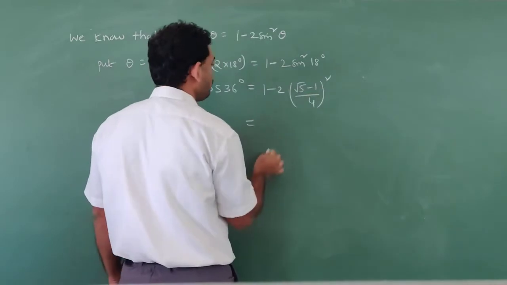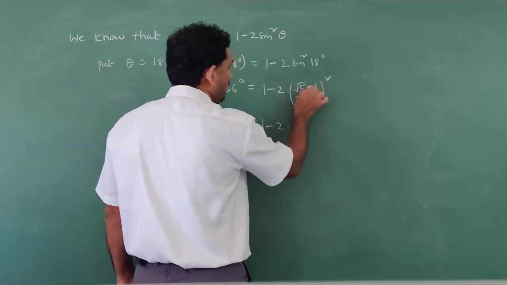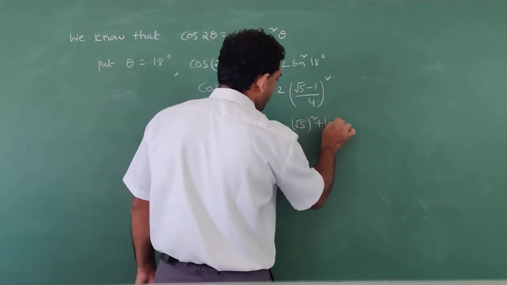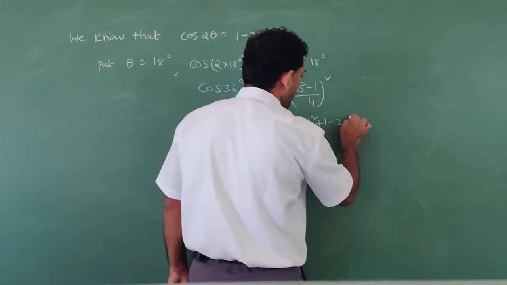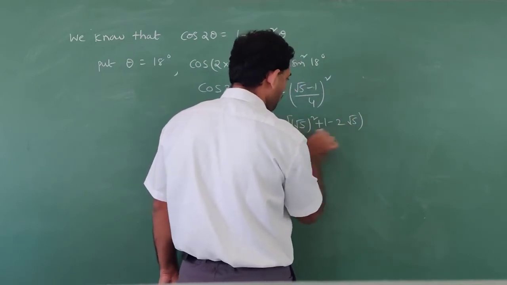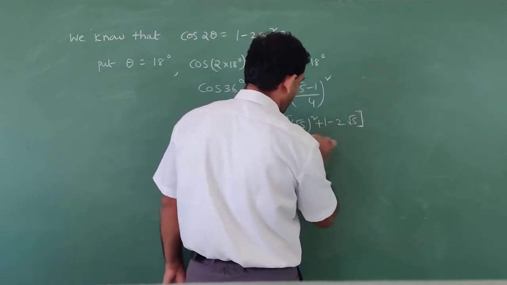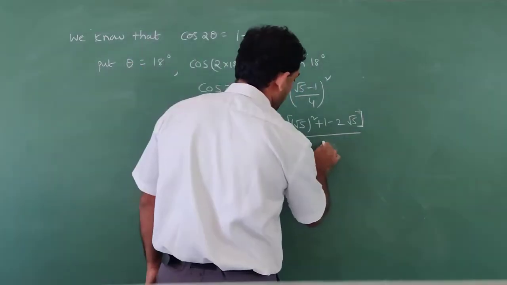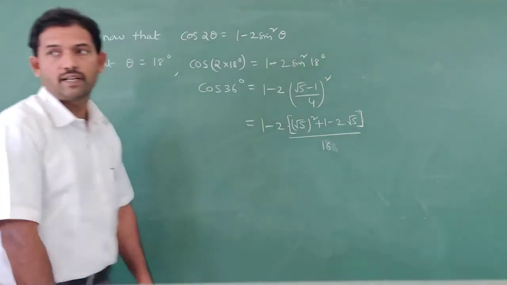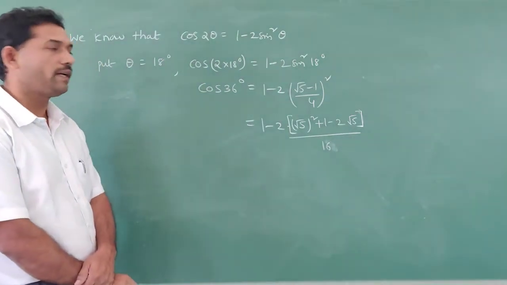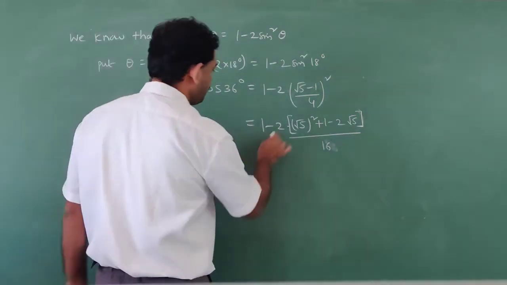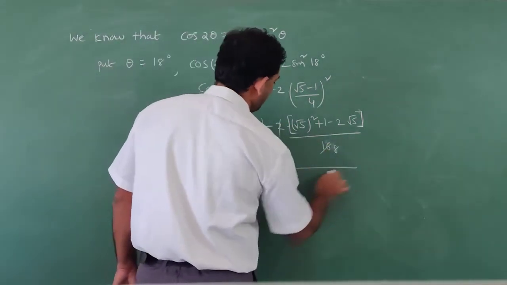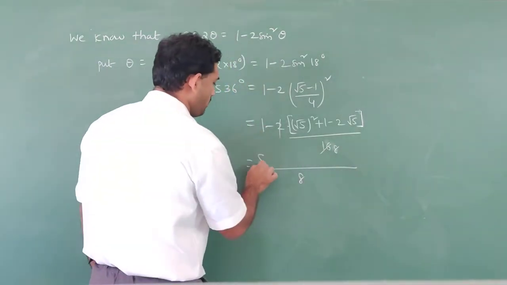Then simplify this. 1 minus 2 into (a minus b) whole square. So root 5 whole square plus 1 square minus 2 into root 5, divided by 16. Understand? a square plus b square minus 2ab. Now 2 ones, 2 eights. Now the LCM is 8.